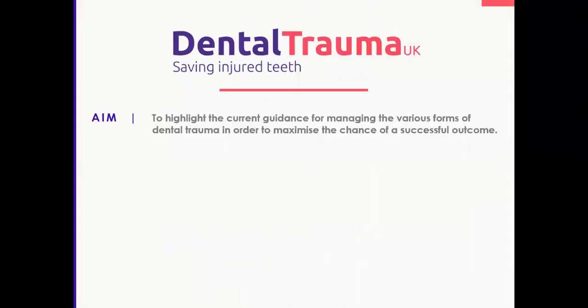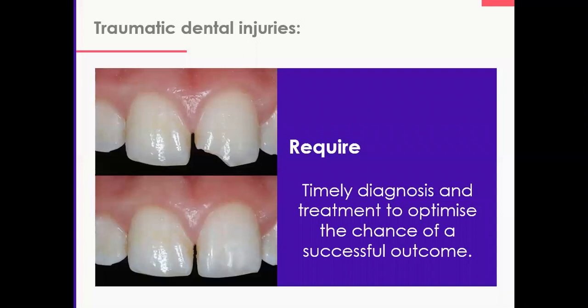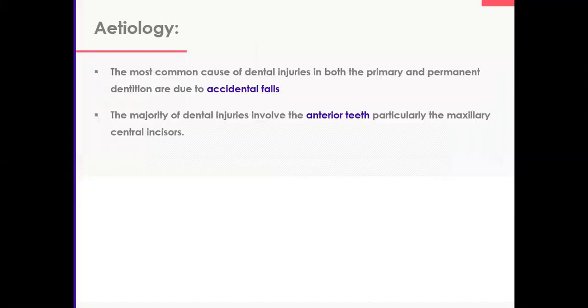We discussed the aims and learning outcomes in the first talk, which appears under infractions. If you want to go and watch that clip, it will be helpful. We also talked about the importance of time in prompt and appropriate management of traumatic dental injuries. The etiology was covered in the first clip as well in this series.